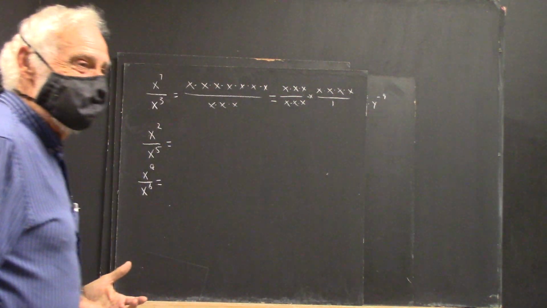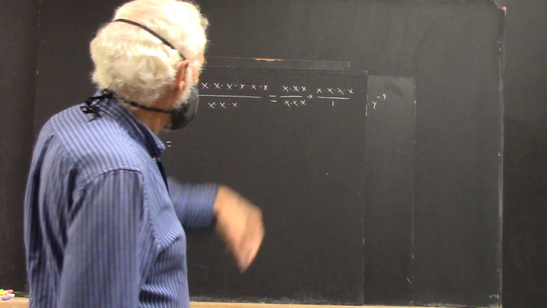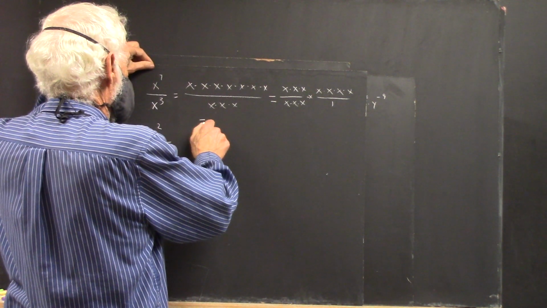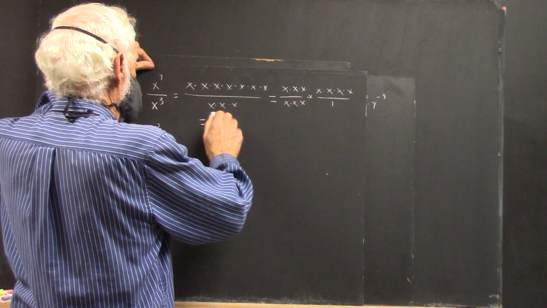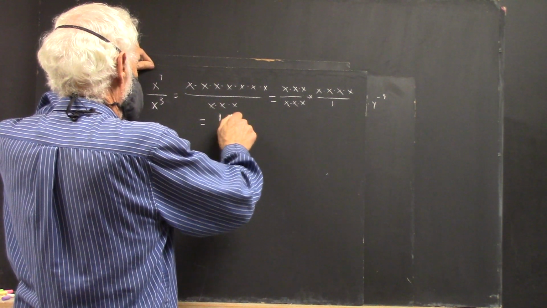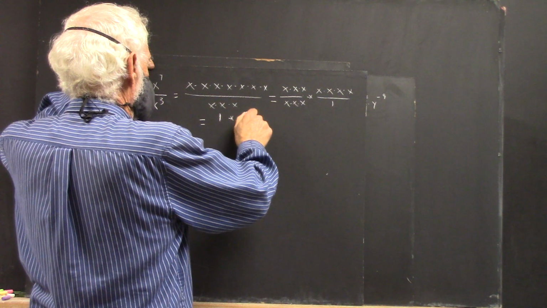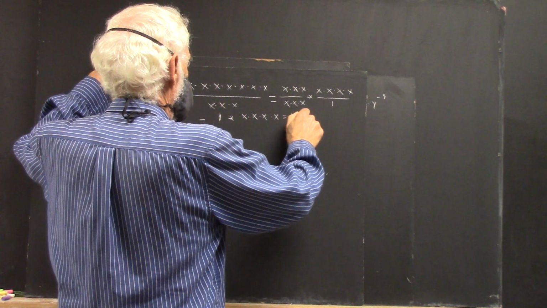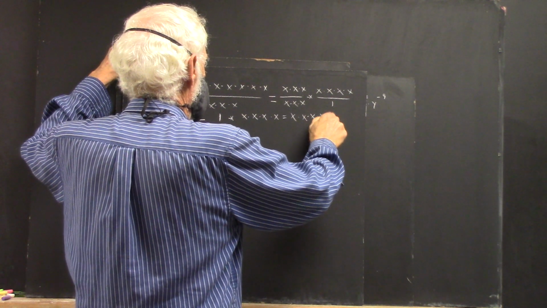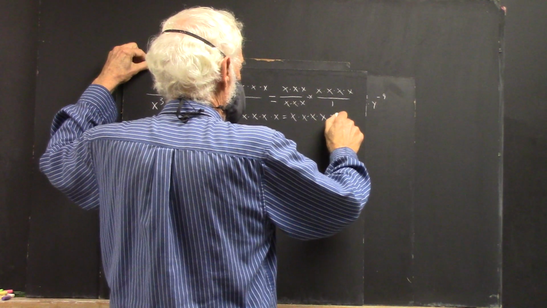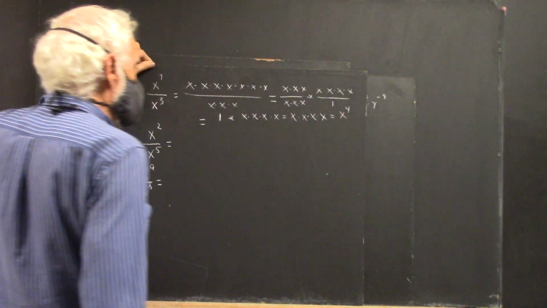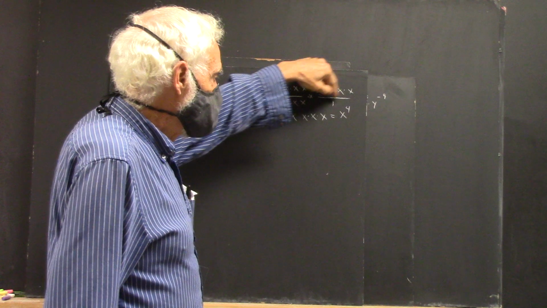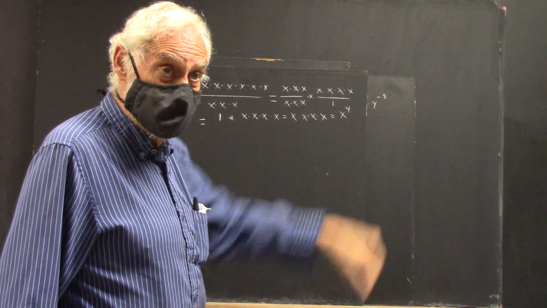Okay? Now, so, this equals then, so that's just 1 times, and of course x times x times x times x over 1 is just x times x times x times x.